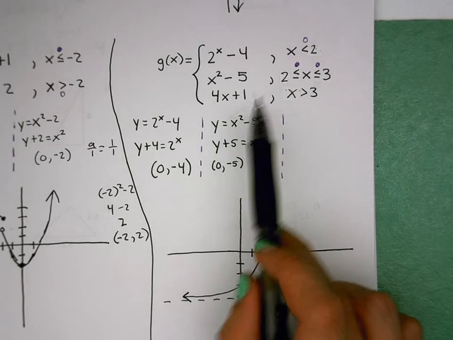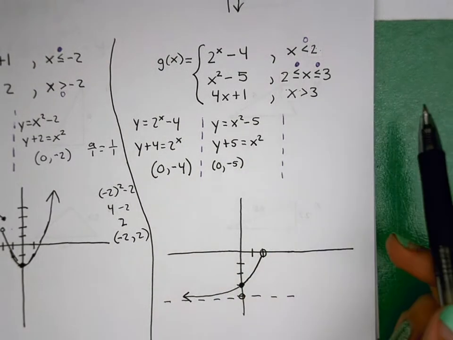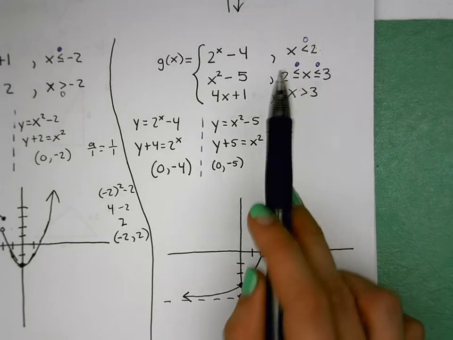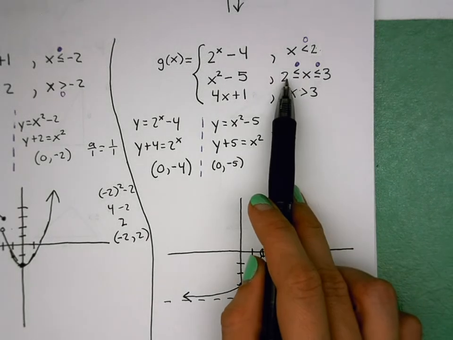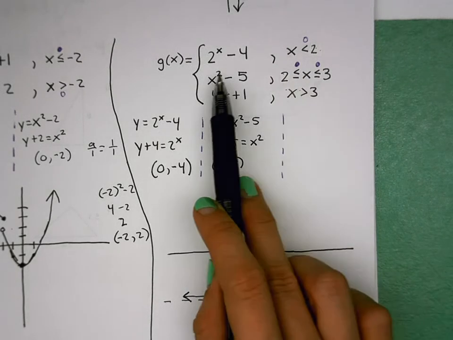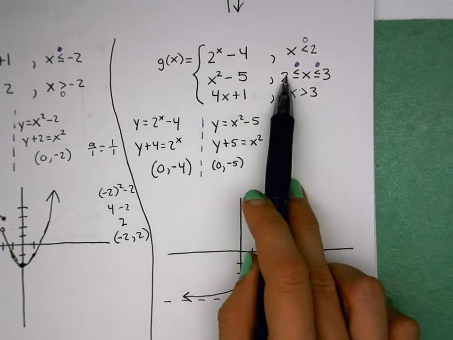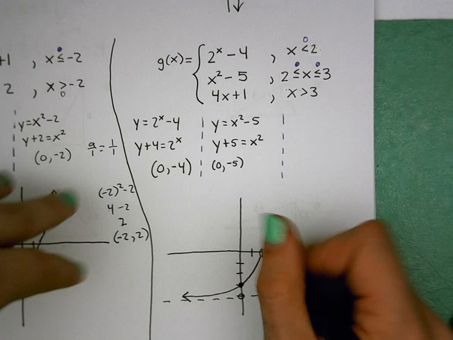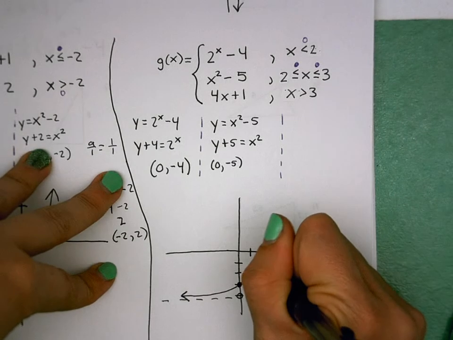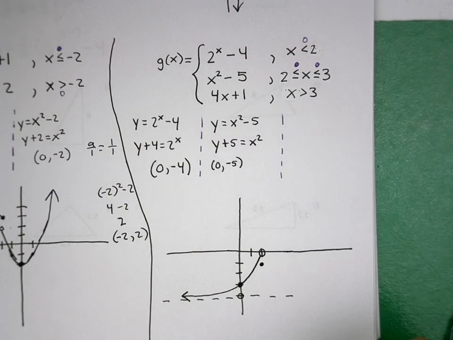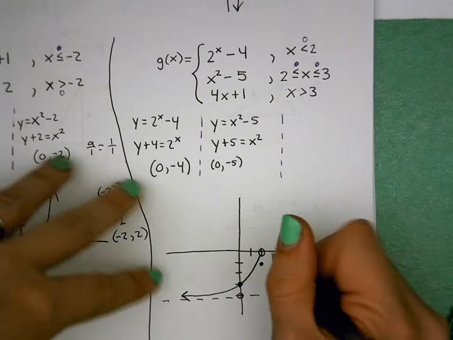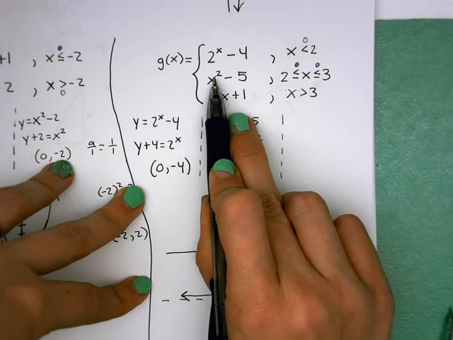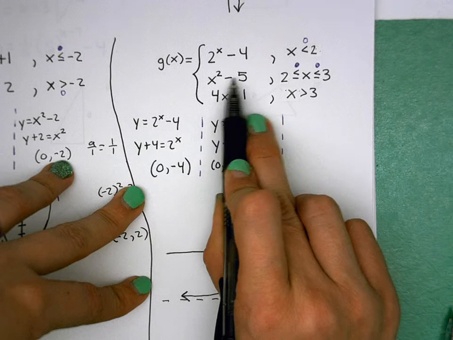Because these are so close together, that might be worth your time. I didn't model that on the last one, so let me model it on this one. If we plugged in 2, 2 squared would be 4, minus 5 is negative 1. So I have a point at (2, -1). If I plugged in 3, I'd have 3 squared, which is 9, minus 5, which is 4.